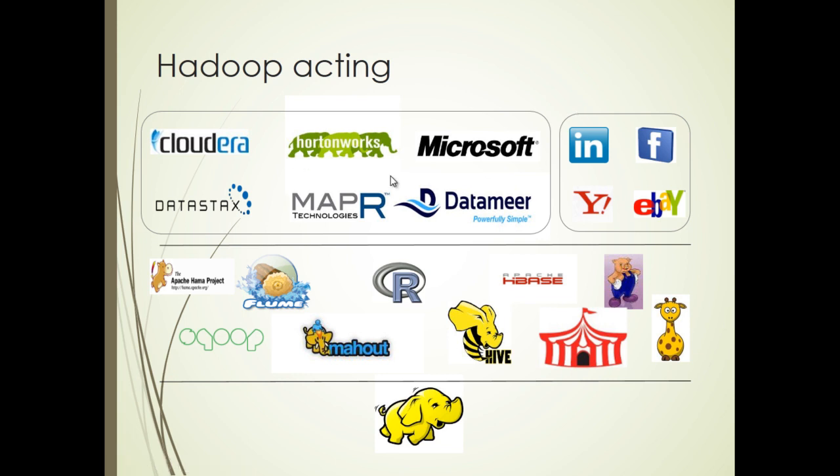Cloudera, Hortonworks, all these companies are taking the open source code and making their own GUI, graphical user interface, where the business logic or execution logic is the same. They give their own distributions, and apart from that they give enterprise versions as well. These are all very easy to work with.